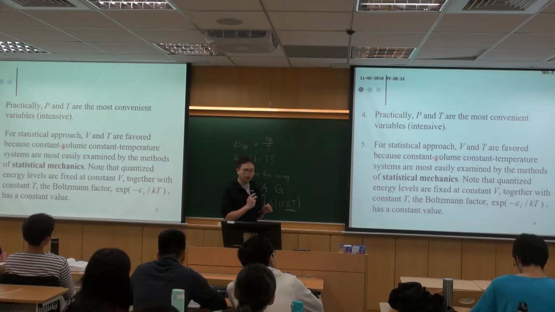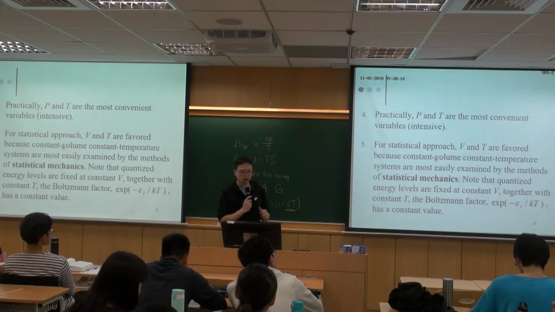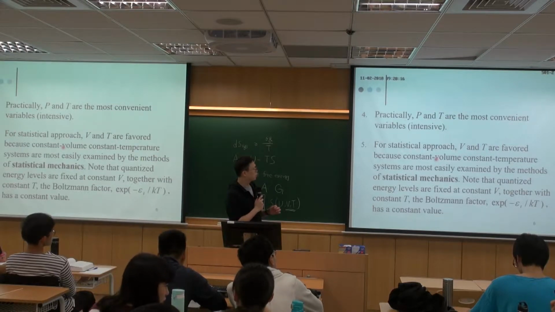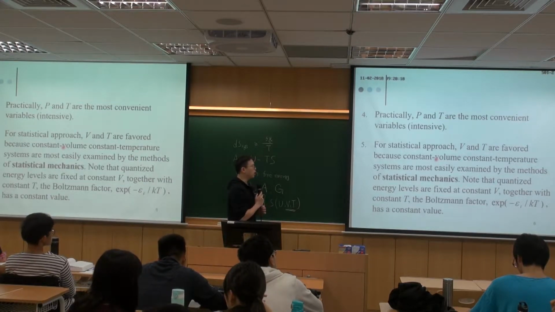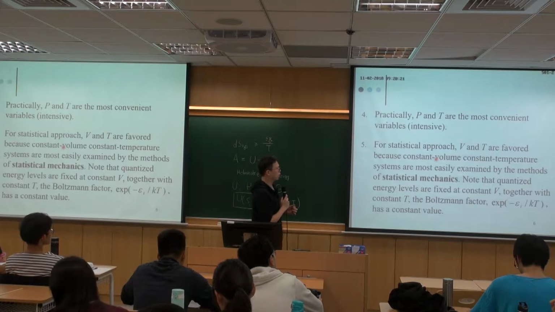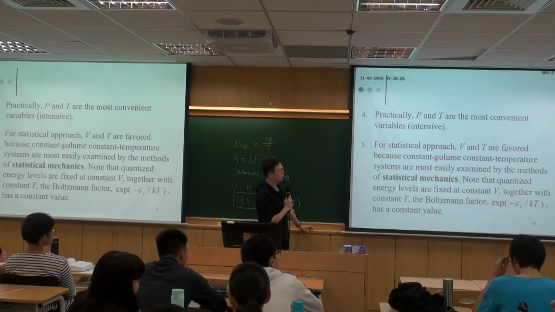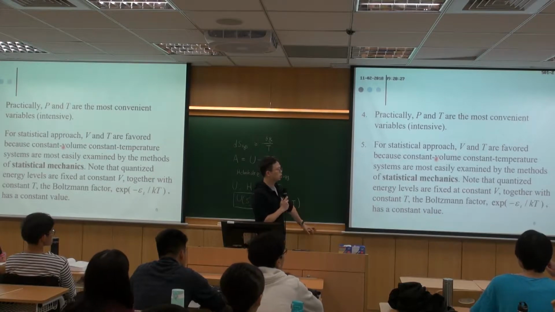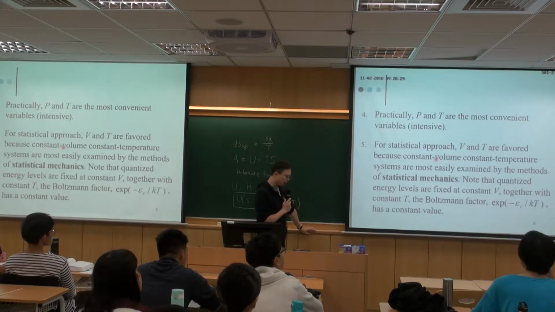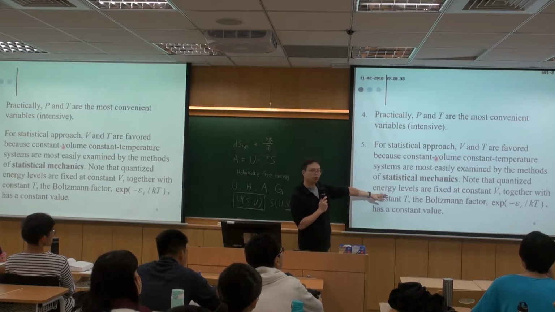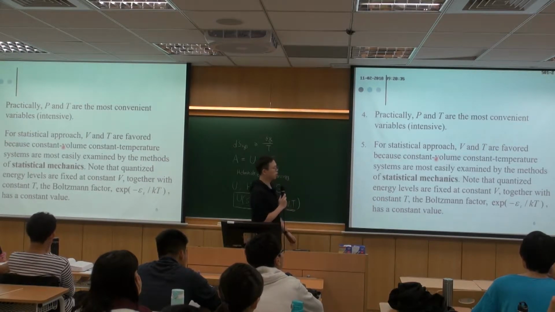And why volume is important is because when we're dealing with statistical mechanics, we're typically working on microscopic systems. And when we're dealing with microscopic systems, again, we're using quantum mechanics, and therefore we need to have quantized energy levels fixed in order to discuss.